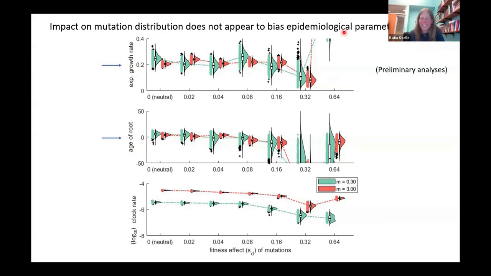These are preliminary analyses, so things still have to converge. But here you can see at least up to about a 16% fitness effect, we can recover that exponential growth rate and the age of the root. And as you can see here, the clock rate is of course higher if the mutations are just neutral, and it declines when deleterious mutations arise.